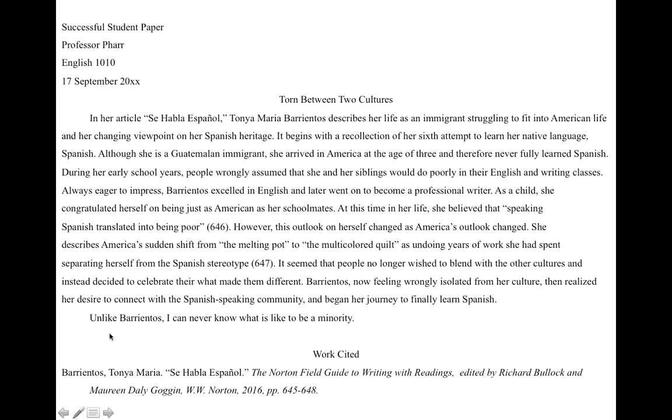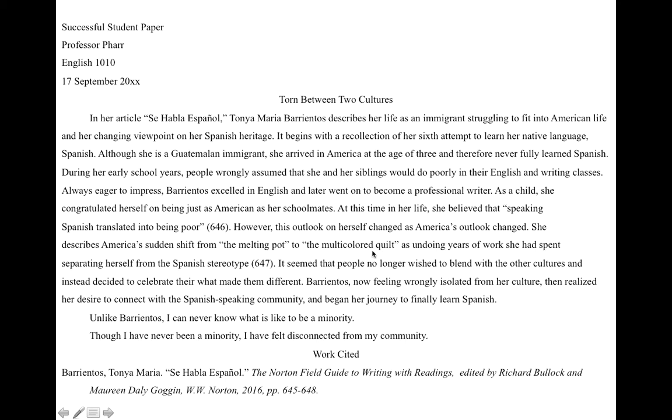The first one talks about how this student writer's experiences are different than Barrientos's. "Unlike Barrientos, I can never know what it is like to be a minority." And then it talks about similarities. "Though I've never been a minority, I have felt disconnected from my community."